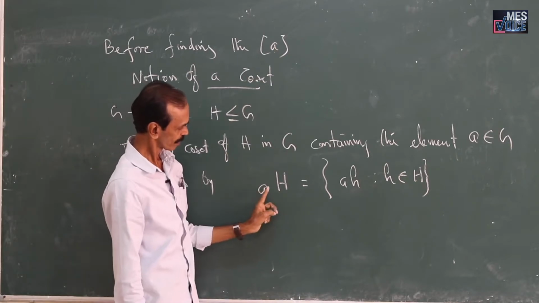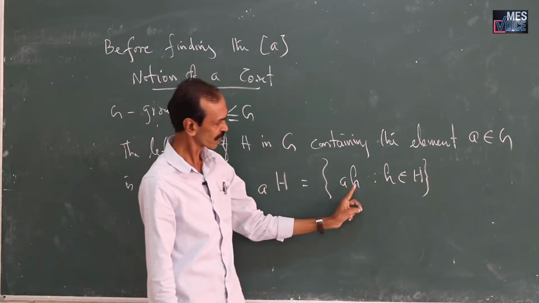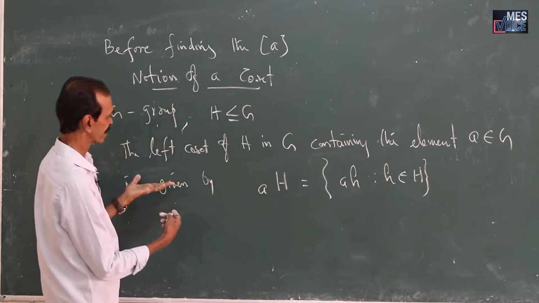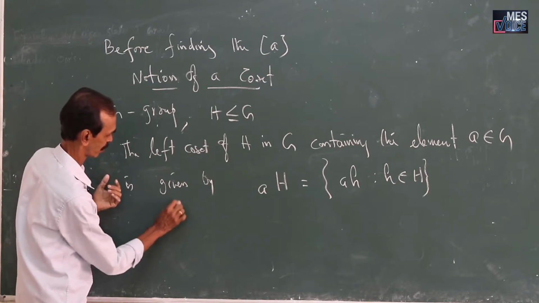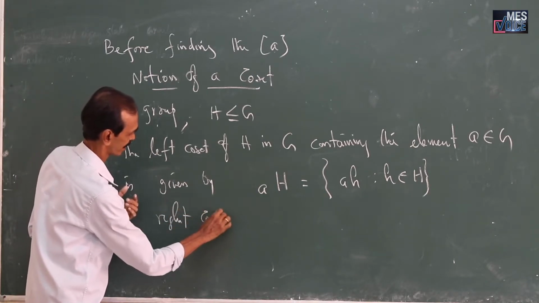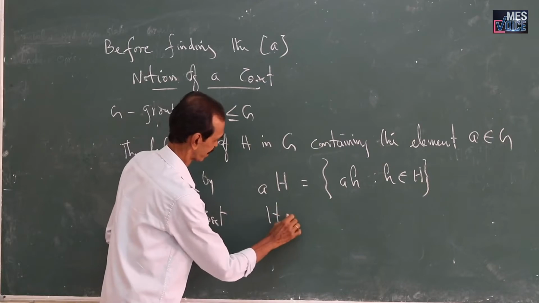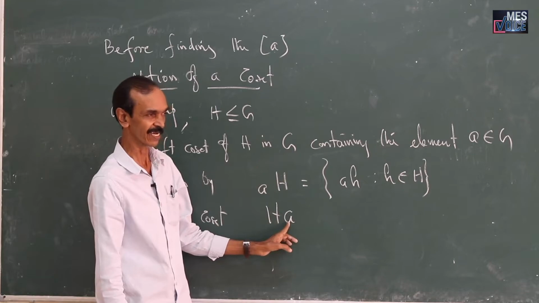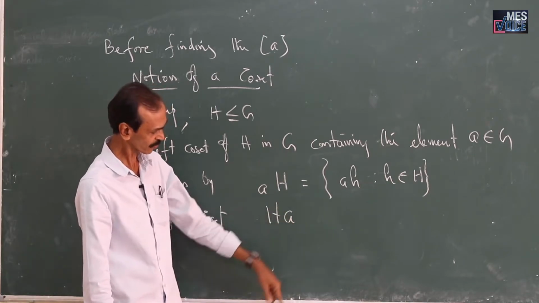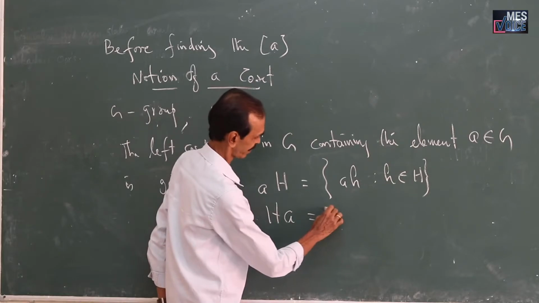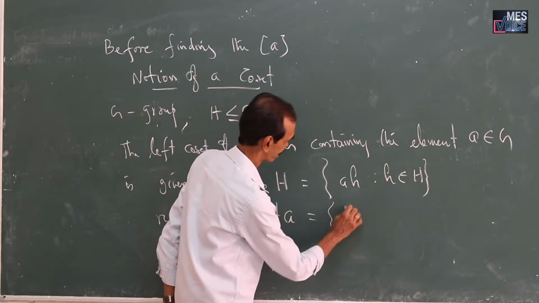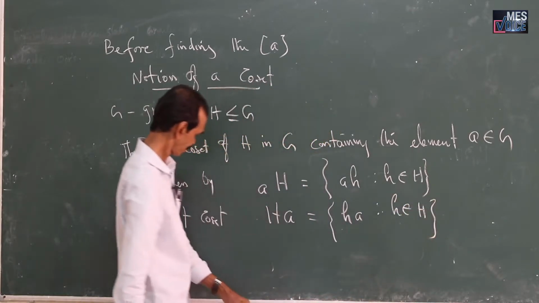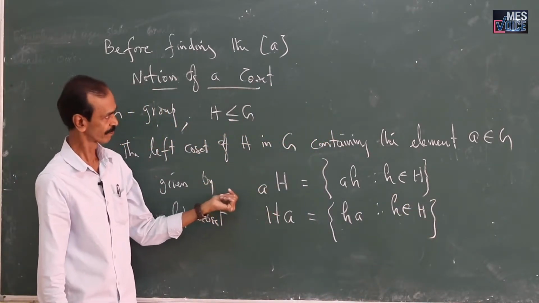So, here AH is equal to the set of all ah, h belonging to H. Similarly, I can define a right coset. A right coset has the notation HA, that is, the position of A gives whether it is right or left. So, the right coset of H in G containing A is HA, the set of all ha, h belonging to H. So, these are the cosets.